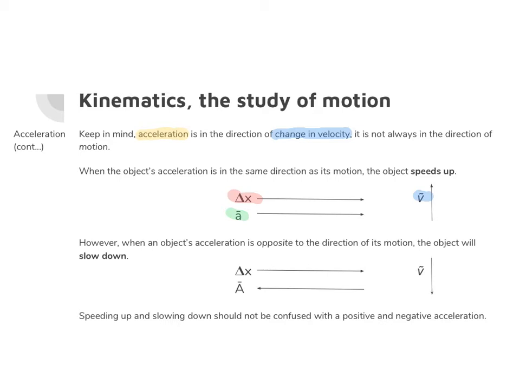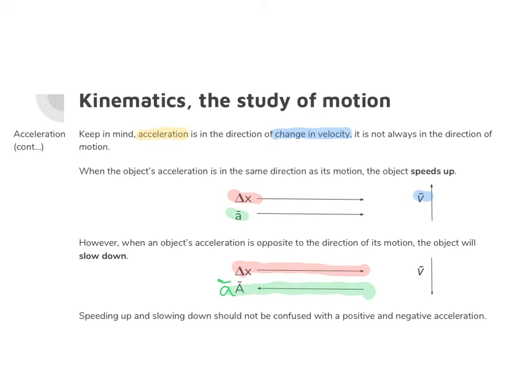However, when an object's acceleration is opposite to the direction of its motion, the object will slow down. So here, that should be a lowercase a. Let's pretend it is. Our acceleration is in the opposite direction of our displacement.